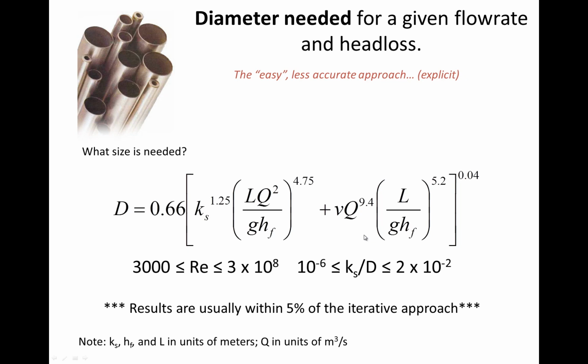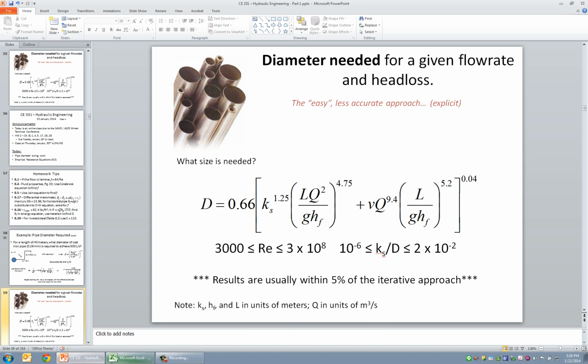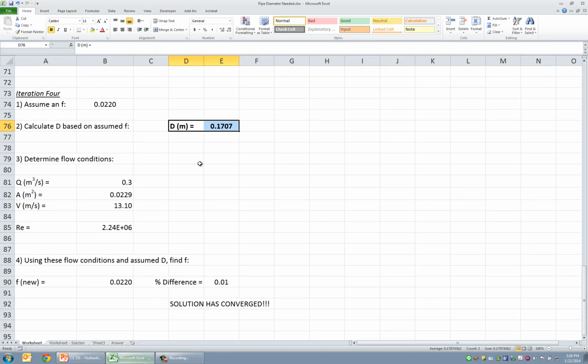And just to compare what we've done in the previous iteration example to if you're going to apply this formula, it would tell you that the pipe diameter needed, this explicit approach, is 0.175. You can pop it into your calculator if you like. So that's pretty close, but this is the truth in how big it needs to be.